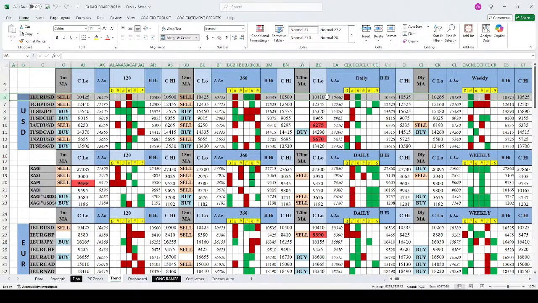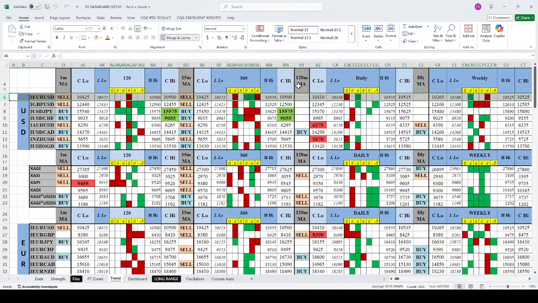So these two levels. The market right now is in a correction on the hourly, but not a correction on the daily, which means this down move is going to be limited. So we should be looking to sell near 105.